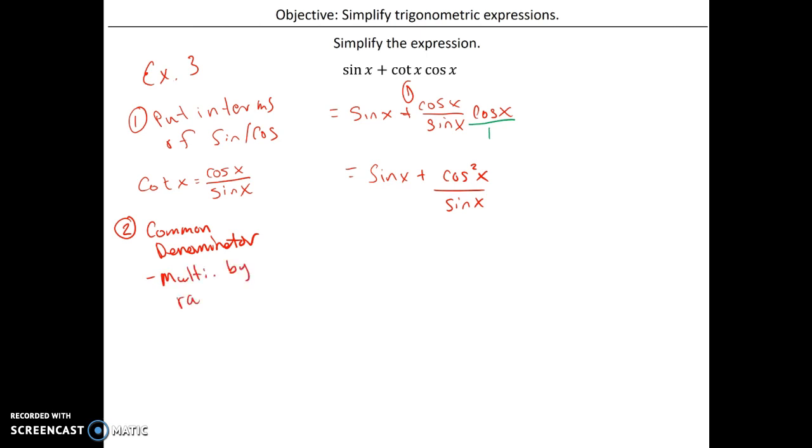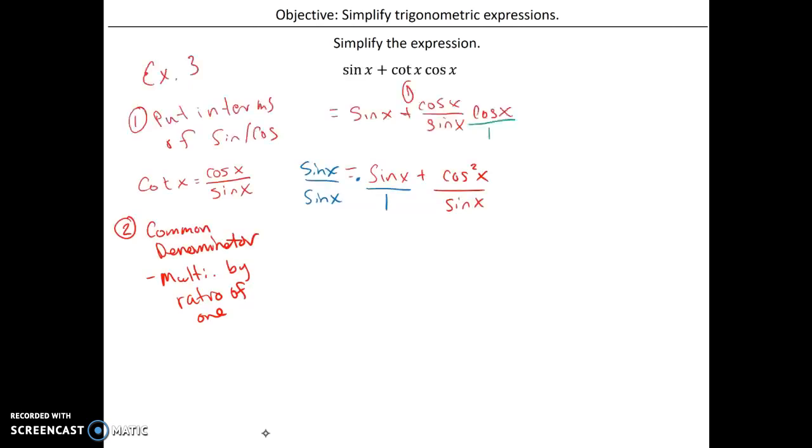Notice that the denominator on my second term is sine of x, so I want to introduce that to my first term. If this denominator is 1, I'm going to multiply top and bottom by sine of x.